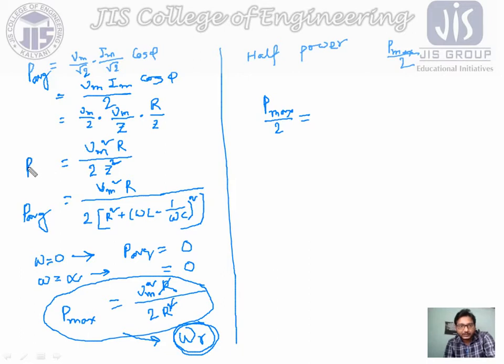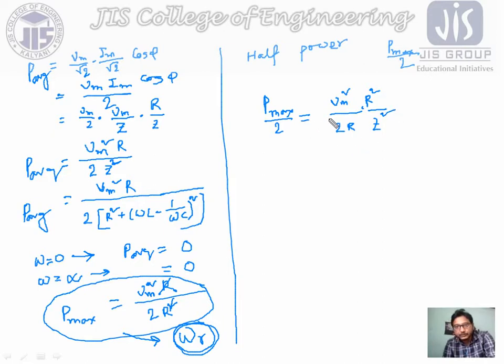The max power was Vm square by twice R, and we can write the average power in the form Vm square divided by twice R multiplied by R square divided by Z square.